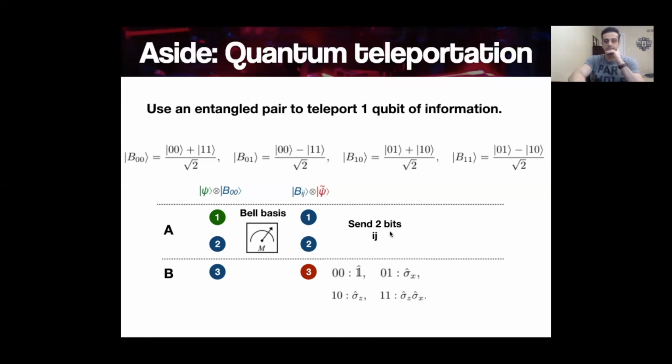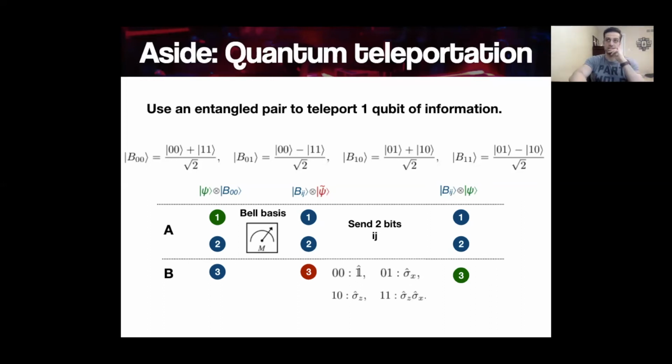Four different options. After applying that gate, what Bob will have is the initial psi, and Alice will just have some Bell state that she's measured. So by having an entangled pair they shared originally, and by sending two bits of classical information, Alice can transport one quantum bit over to Bob.